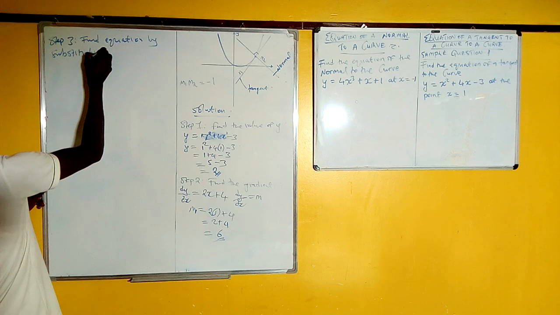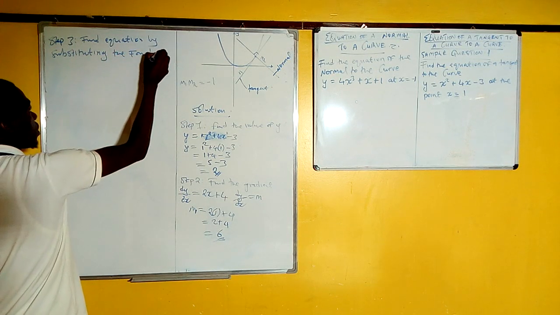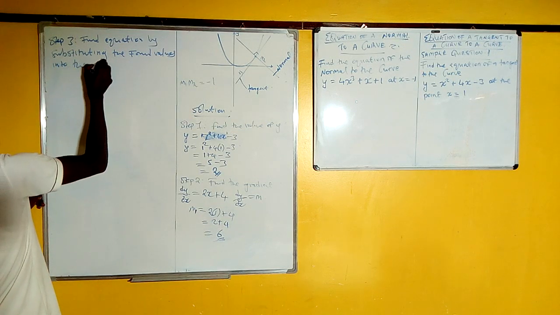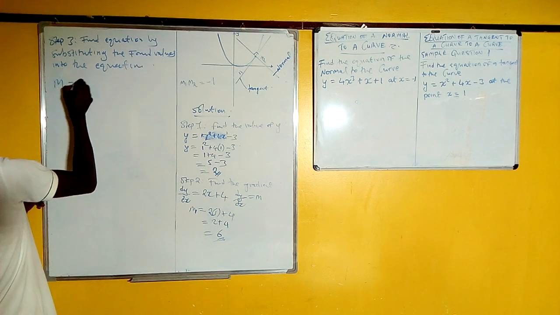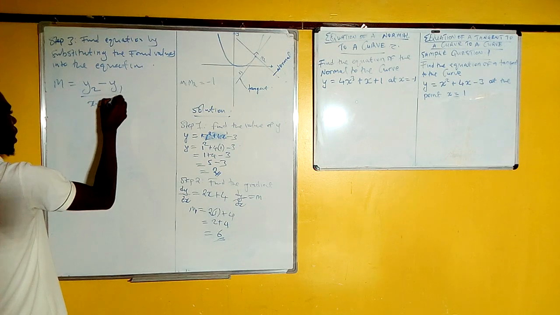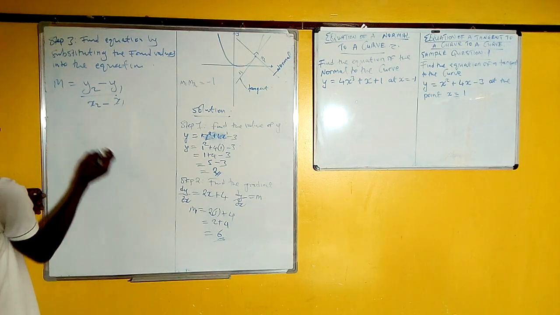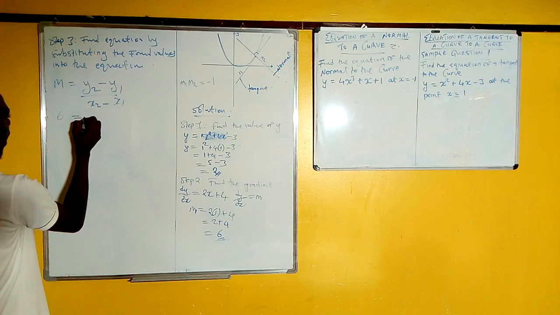So we are saying by substituting the found values into the equation. So into the equation, m is equal to y2 minus y1 over x2 minus x1. You remember this one? So we continue. Our gradient now is 6, so it will be 6 is equal to our y2 we don't know.